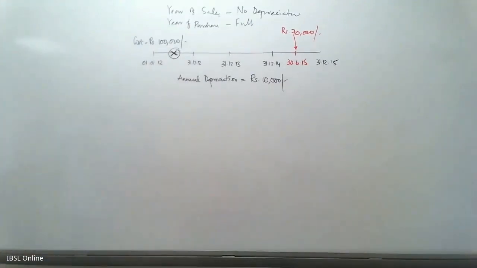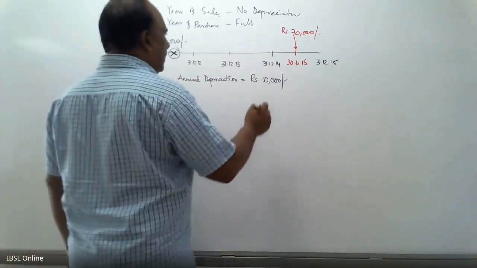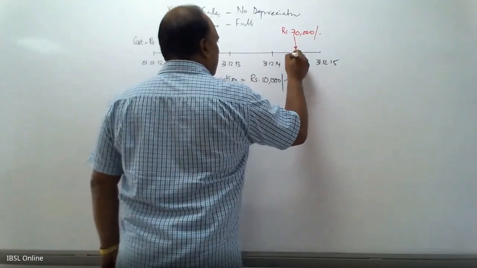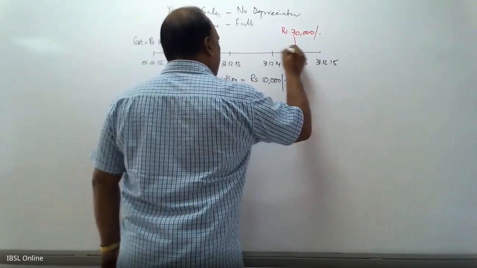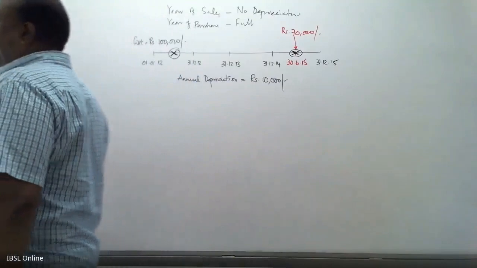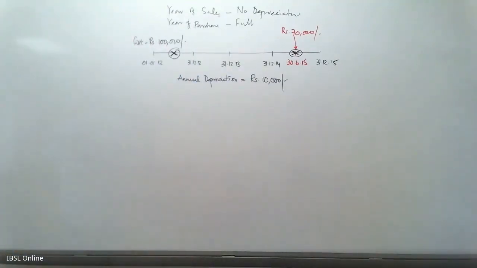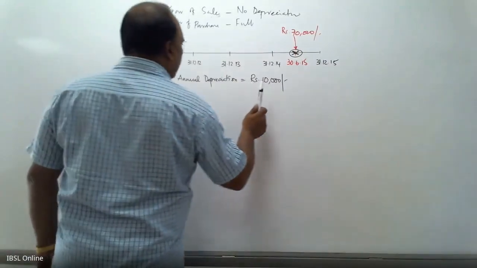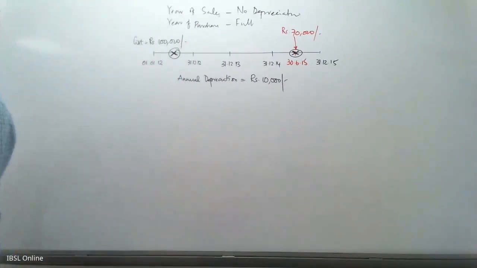Then they also say in the year of sale or disposal, there is no depreciation. So they are talking about this particular year in which there shouldn't be any depreciation. That is the company policy, so we have to go by that. Then they have also given you the annual depreciation charge to be 10,000.